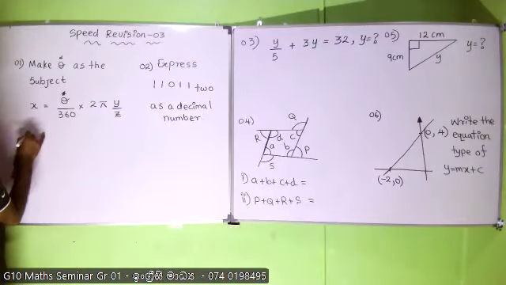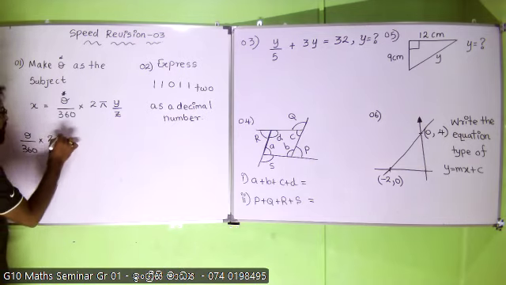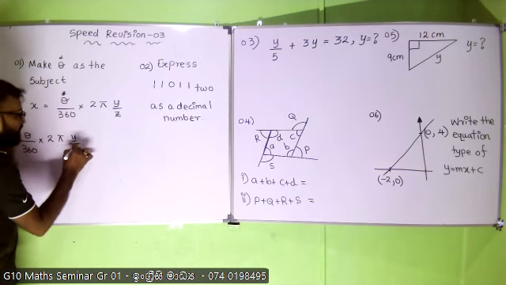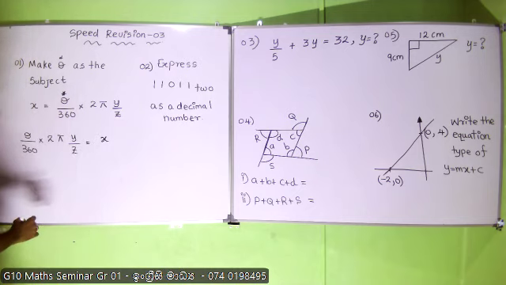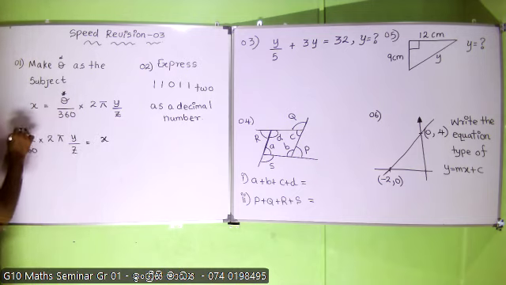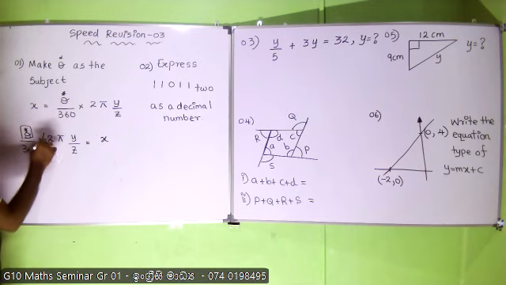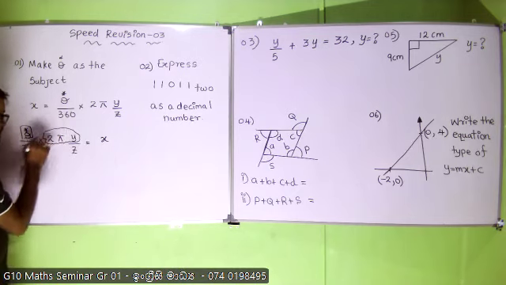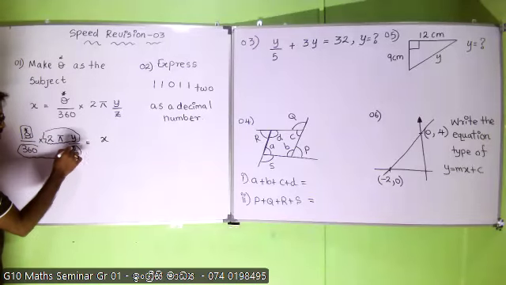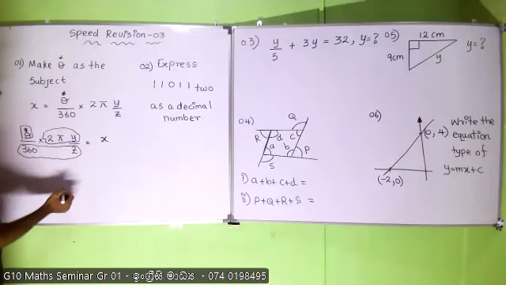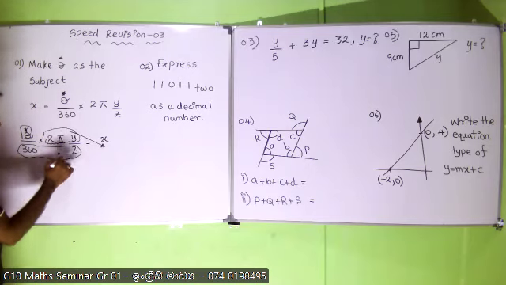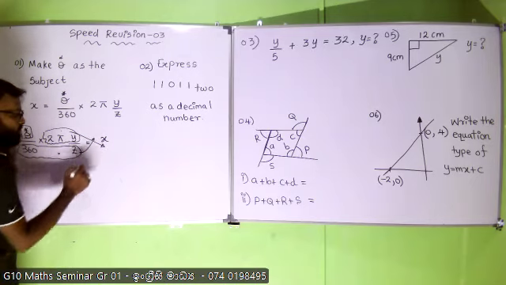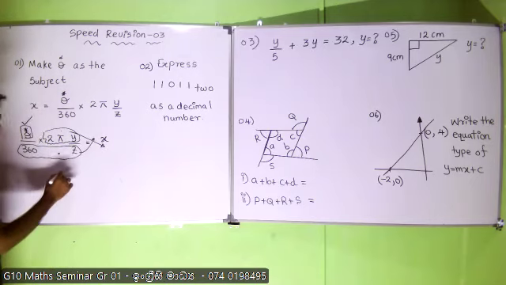So that I have theta divided by 360 into 2πy divided by z equals x. I need to isolate this one. I do not need 2πy, I do not need 360z. This is in the numerator, so it goes to the denominator of the other side. 360 into z is in the denominator, so it goes to the numerator of the other side. So that theta is isolated.